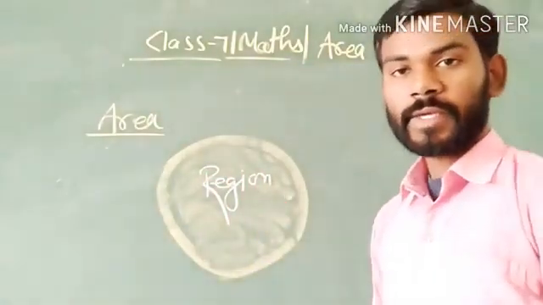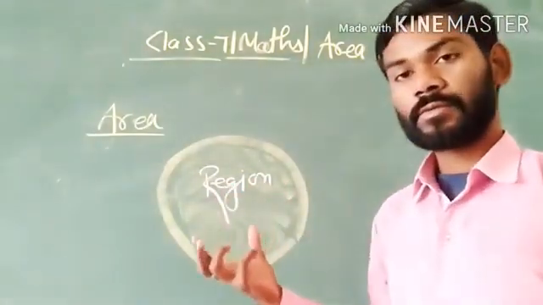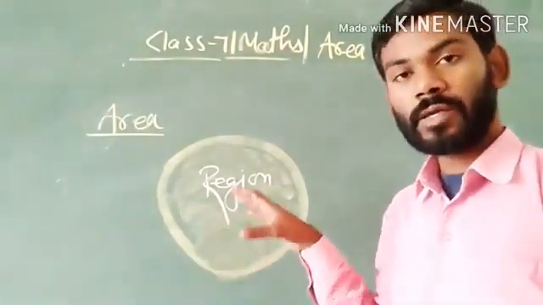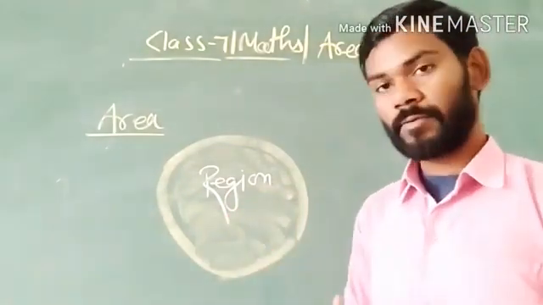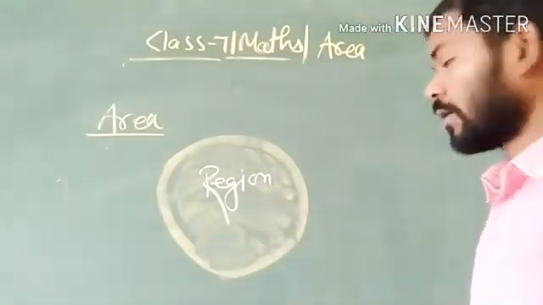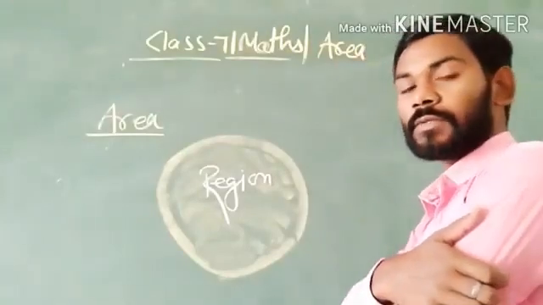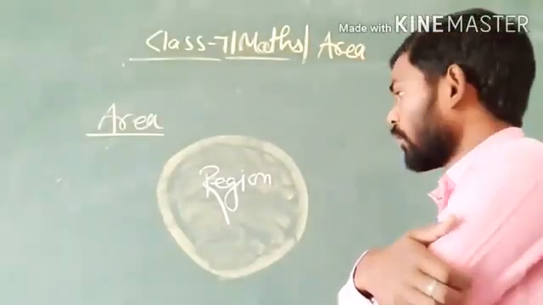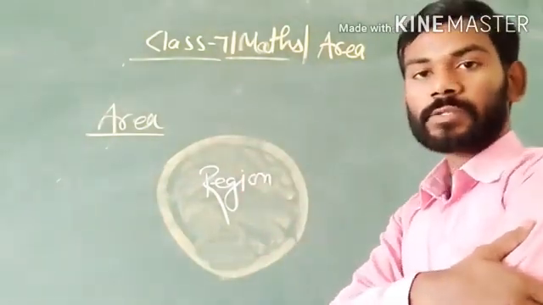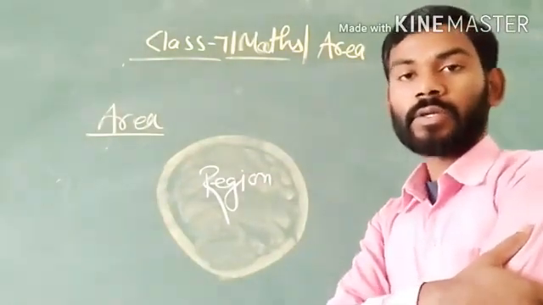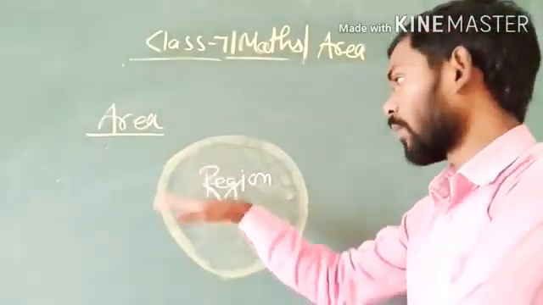is called area. Then the question arises that since this region is called area, but when and how? As we have discussed earlier, we call this boundary perimeter if we get the magnitude of the length of this boundary.